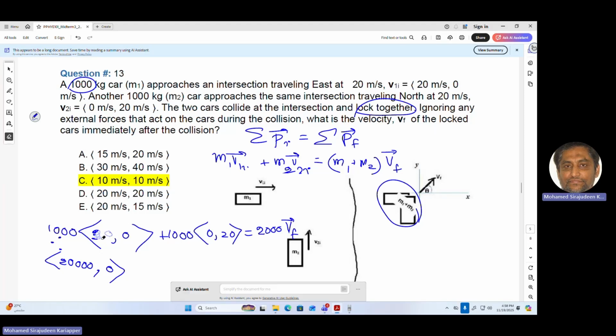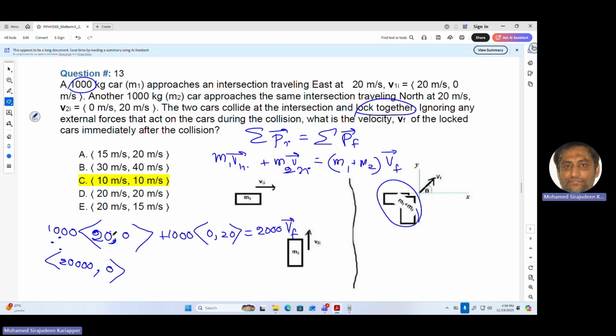Suppose it is west, you should write negative 20. Because we were in the positive direction, I didn't stress that, but good that you reminded me. So we did it correctly, right? m1 is east, so plus 20, x component is positive, y component is 0 anyway. There is no y component.